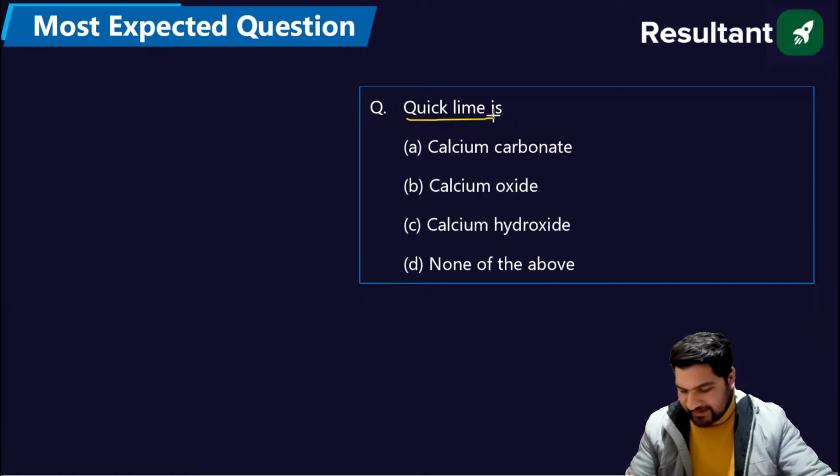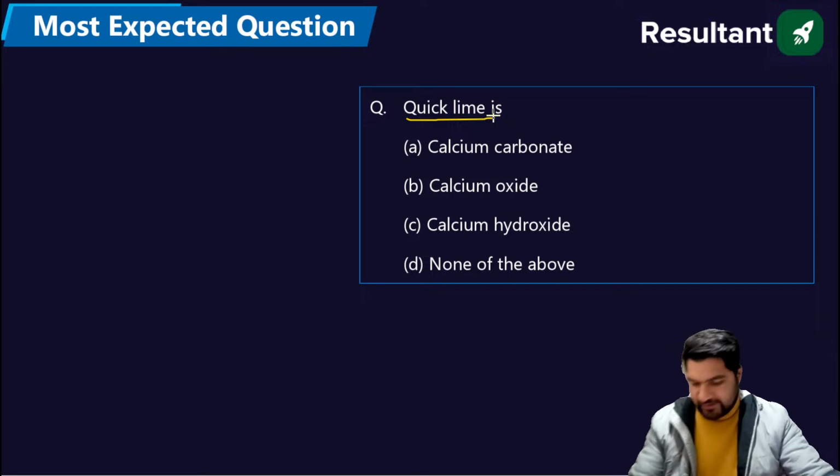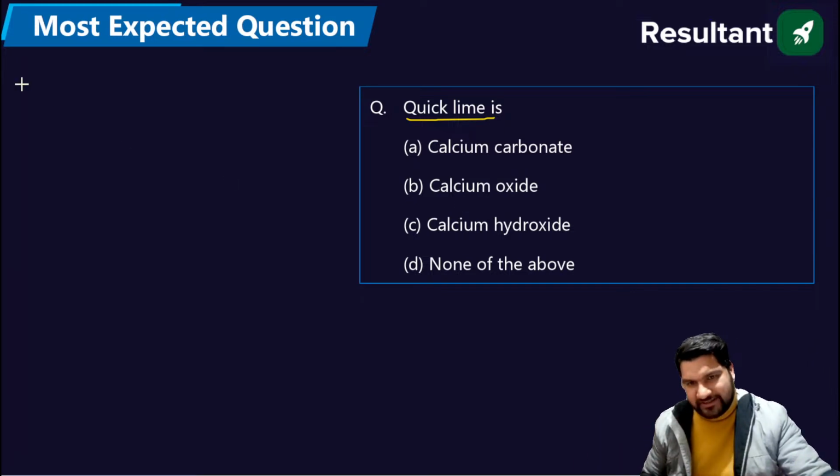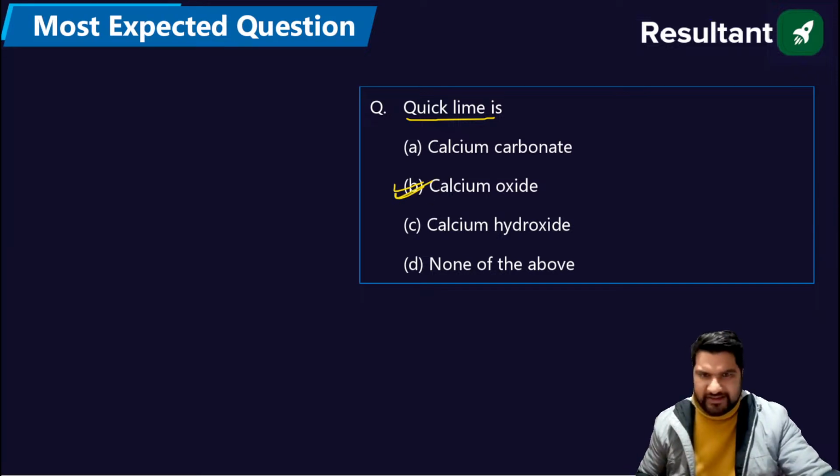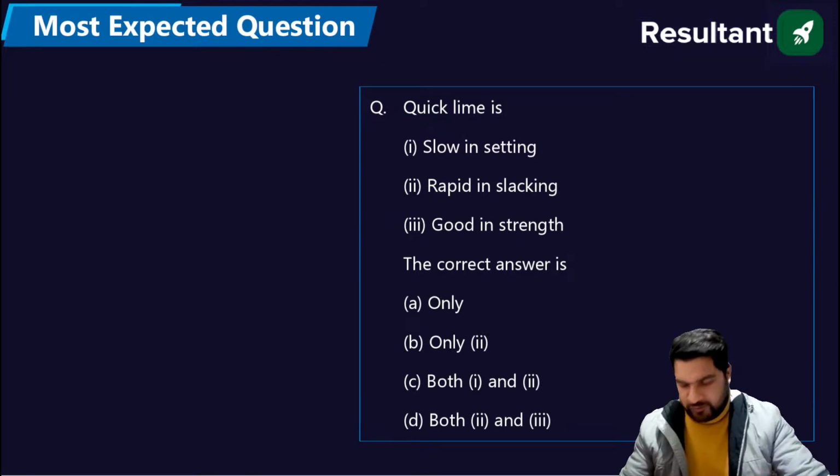B is the answer. So quicklime is calcium oxide. What is to be discussed about this question? Nothing. Next question for you.